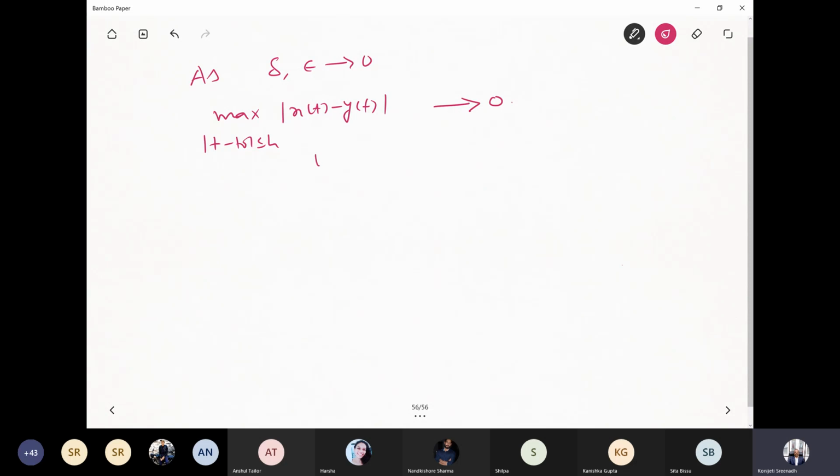It's the uniform convergence in epsilon and delta. Uniform in epsilon and delta. Okay. So that is about the continuous dependence. Do you have any questions on this?